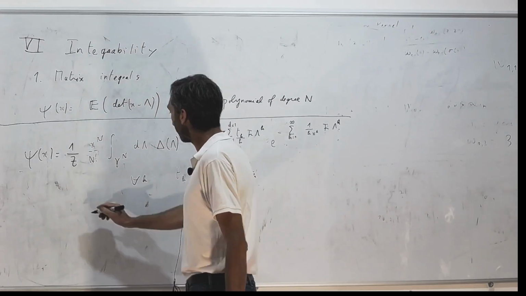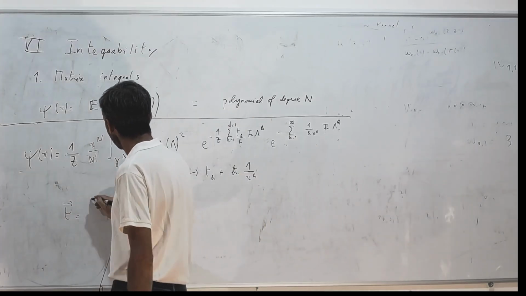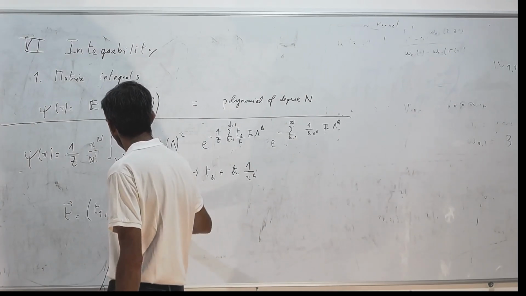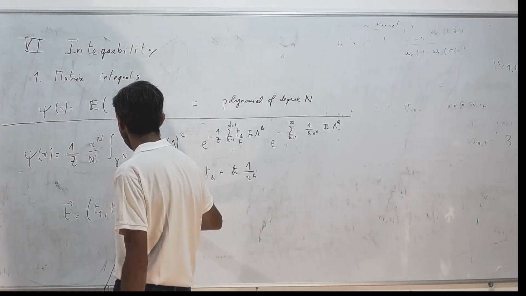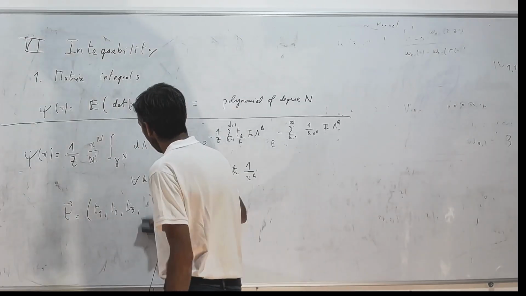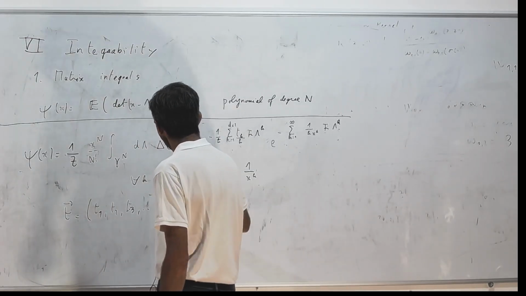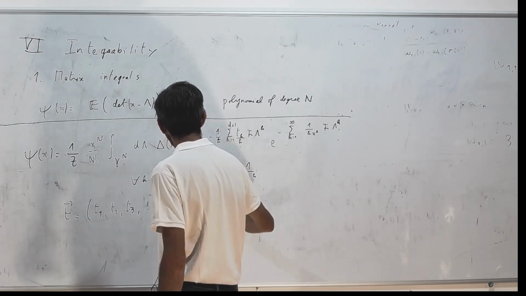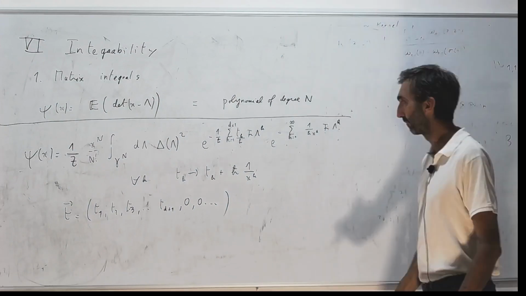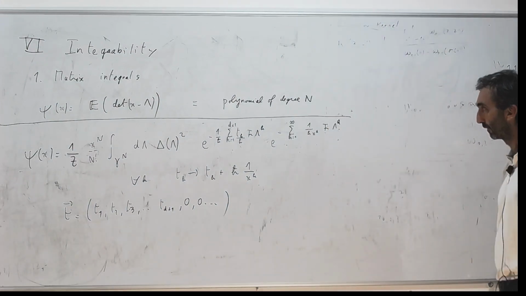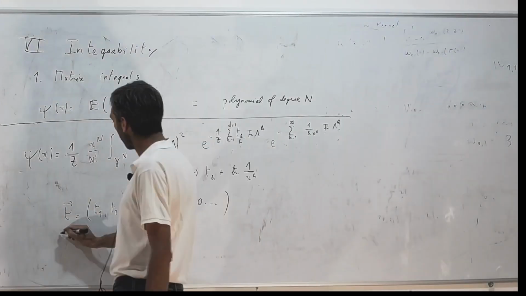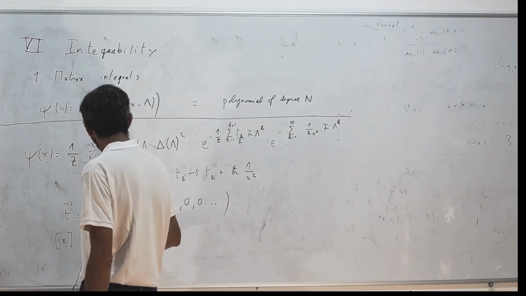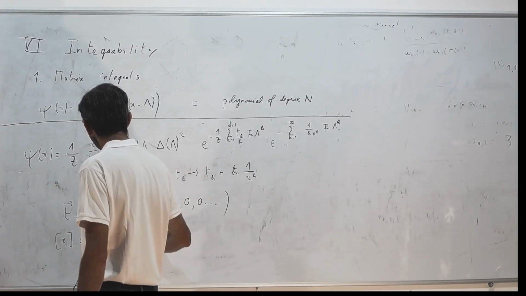In fact, let me introduce the vector t, which is the vector of all times, t1, t2, t3, and so on, up to td plus 1, and then 0, 0. And let me introduce another vector that I will call x, which is the vector 1 over x, 1 over x squared, 1 over x cubed.